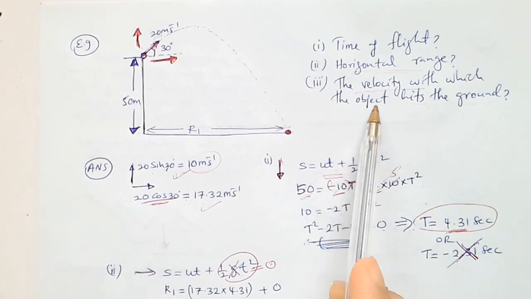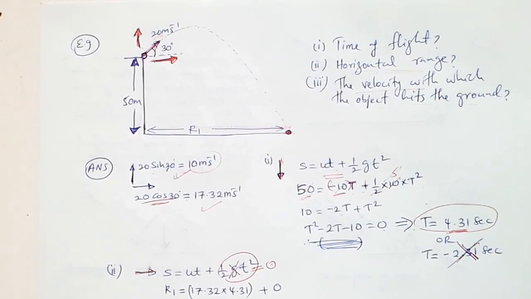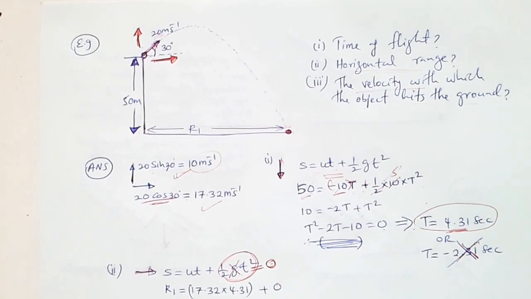The second part of the problem is you need to find the total horizontal distance traveled by the object. How do you find this? I'm going to use the same equation, s equal to ut plus half gt squared, but this time in the horizontal direction. Remember, in the horizontal direction there is no acceleration, so this part should be 0.